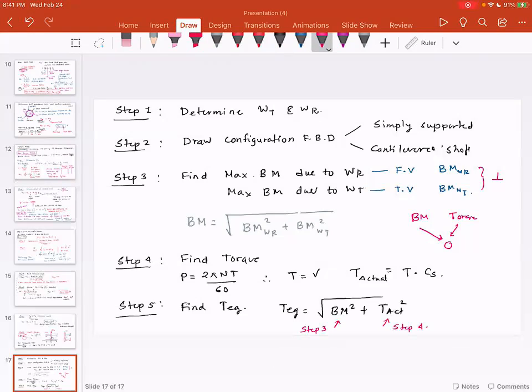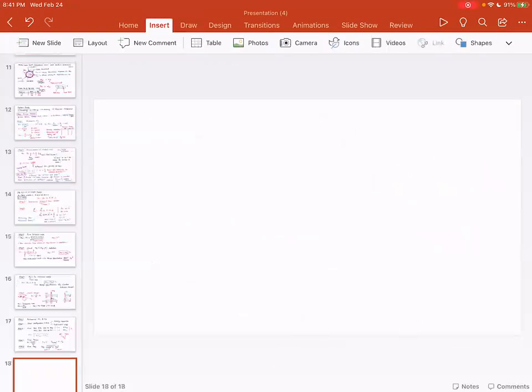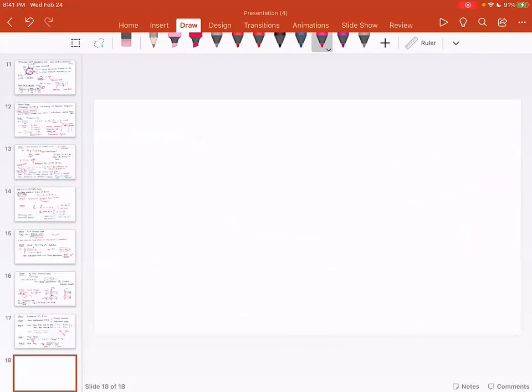And then the last step, step 6, is to select the shaft material. The shaft material could be different than the gear material. You could have a cast iron gear but a steel shaft.